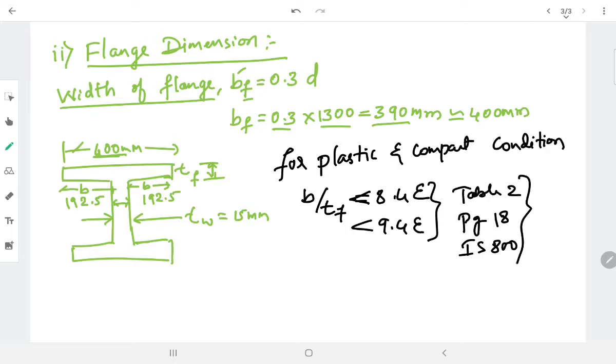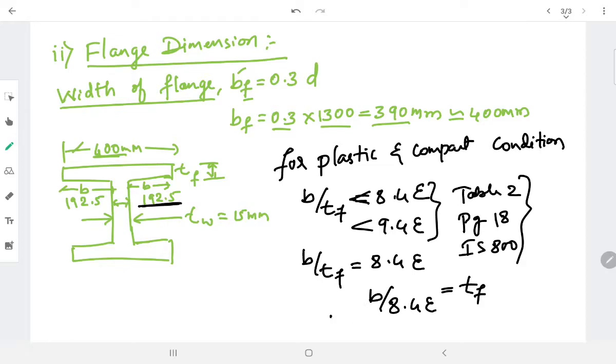You can refer to all this and you will get this formula. Here I have taken B by tf equals 8.4 epsilon, so B divided by 8.4 epsilon equals thickness of the flange. So B is 192.5 divided by 8.4 into 1 equals thickness of the flange. If you calculate this, you will get 22.92 mm. This is the thickness of the flange.